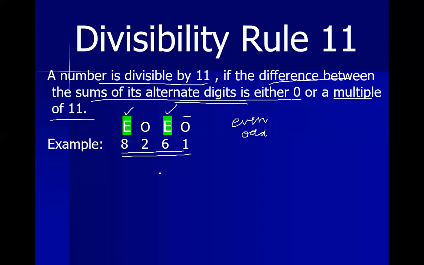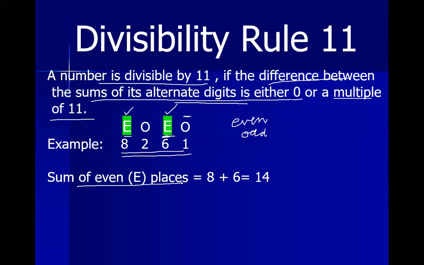Now you have to add only the places marked E, which stands for even. So these are the even places, and you have to add the even places only. Firstly we will add the even places, that is 8 plus 6. The sum of the even places, 8 plus 6, is equal to 14.